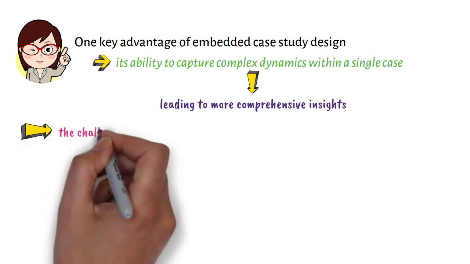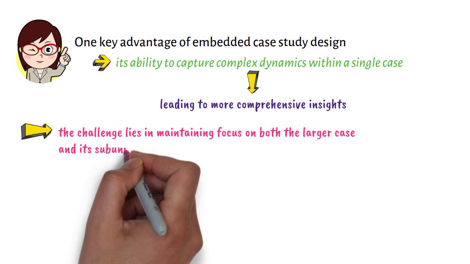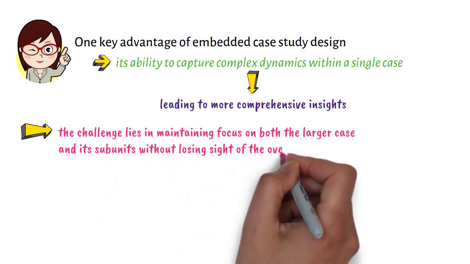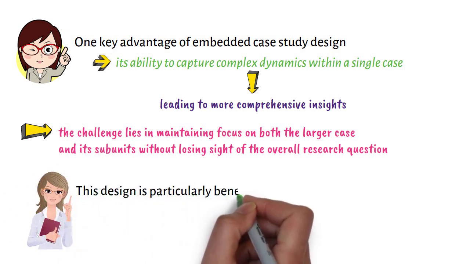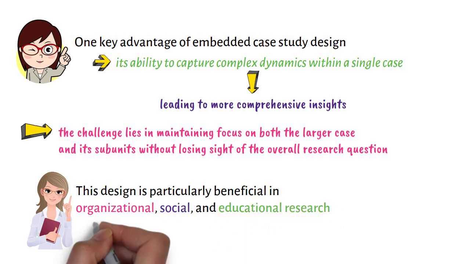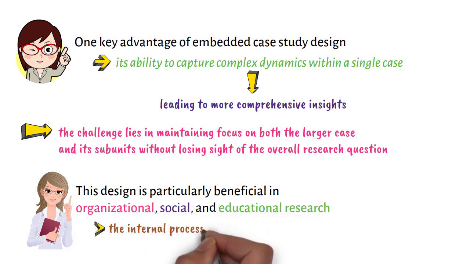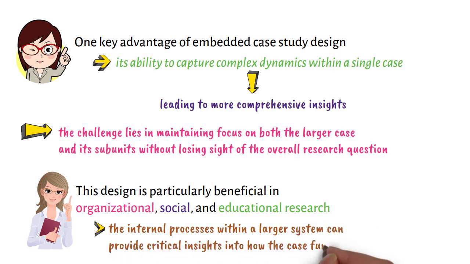However, the challenge lies in maintaining focus on both the larger case and its subunits without losing sight of the overall research question. This design is particularly beneficial in organizational, social, and educational research, where the internal processes within a larger system can provide critical insights into how the case functions as a whole.